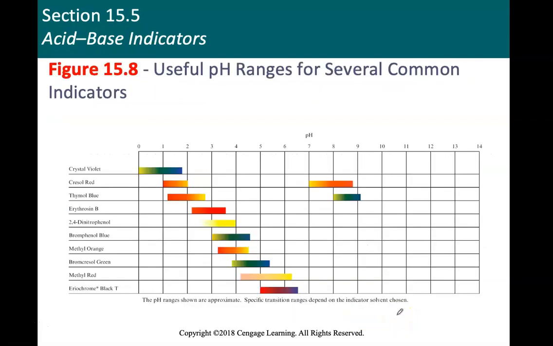So what does that mean? It means that to select an ideal indicator for any titration, we're looking at a titration that will have the pH at the equivalence point pretty much close to the pKa, and you can only work within that suitable range, a plus or minus 1 range of the pKa, for the right or suitable indicator.